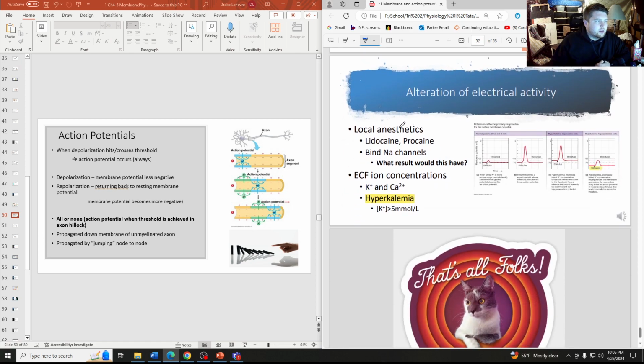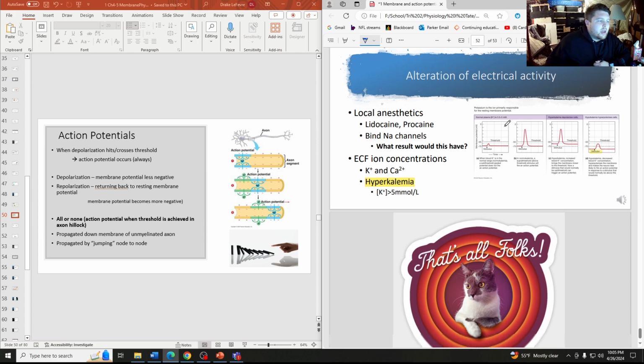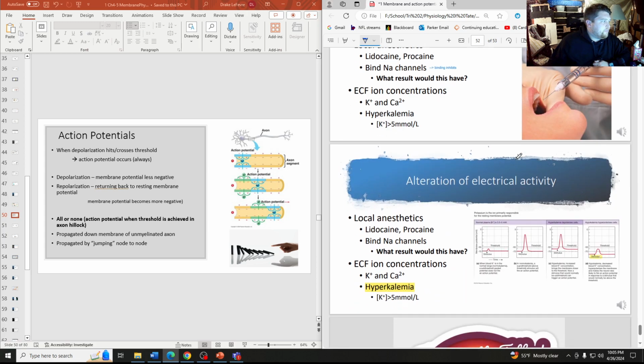Same thing with those local anesthetics. Here's another little chart showing it doesn't let us reach threshold. It actually drops us lower, so we need a larger stimulus in order to have any kind of action potential occur.